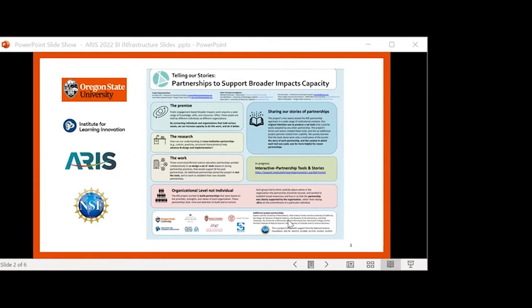It was funded by the NSF, as is ARIS and NABI, where some of the data came from as well. And the research and contextualization part was done in collaboration with Oregon State University and Institute for Learning Innovation, and many other institutions were involved, some of them represented in this call here today.